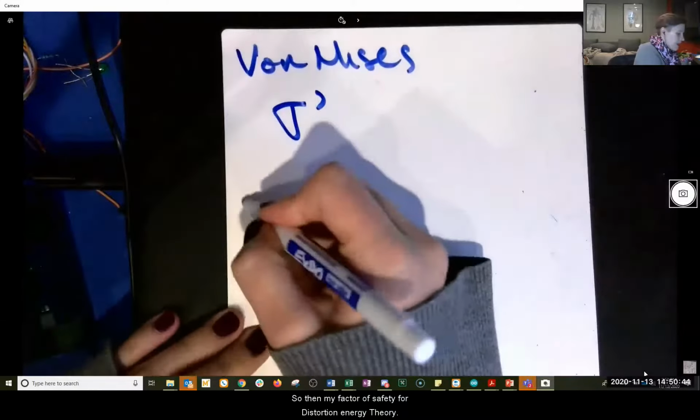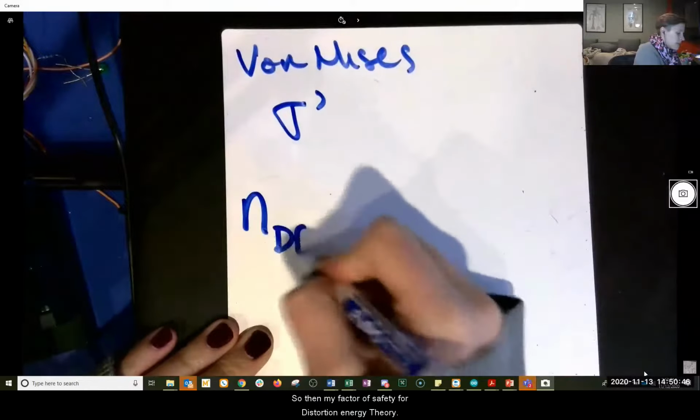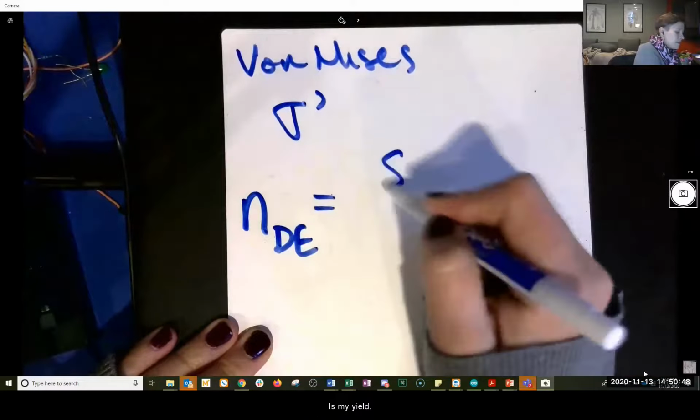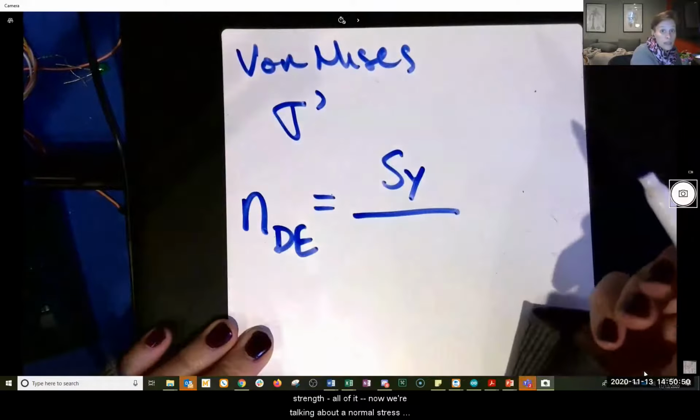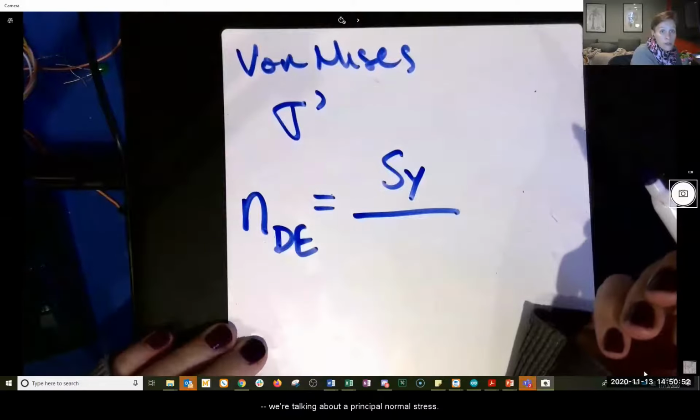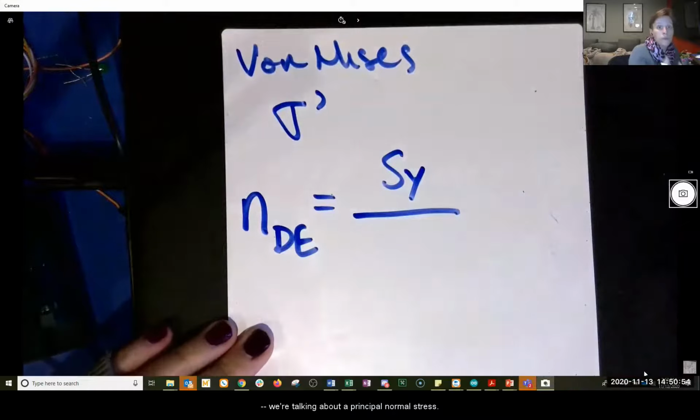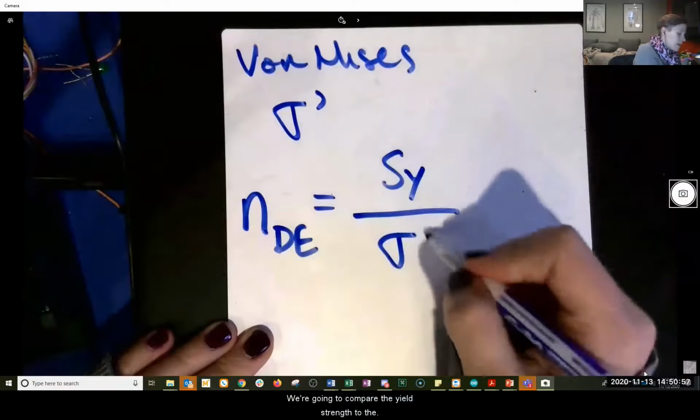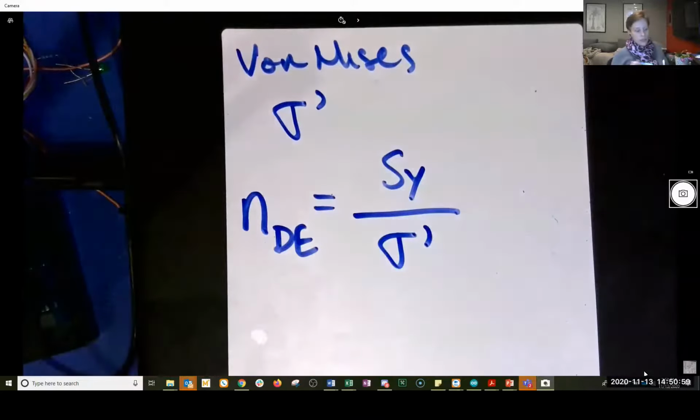So then my factor of safety for distortion energy theory is my yield strength, all of it, because now we're talking about a normal stress. We're talking about a principal normal stress. So we're going to compare the yield strength to the von Mises stress. Interesting. Which is the whole subtraction of the principal stresses squared. We'll write all those out.